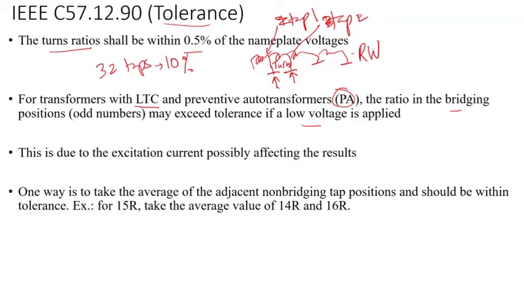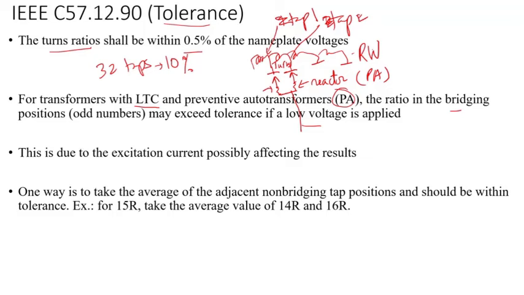So you're going to have what they call the reactor, the PI basically. This is one section or half of the reactor, and you have the other section. And you're going to have a vacuum bottle and a bypass switch. There are other things in the LTC that I'm not showing, but the PI is there because you are bridging the two taps.